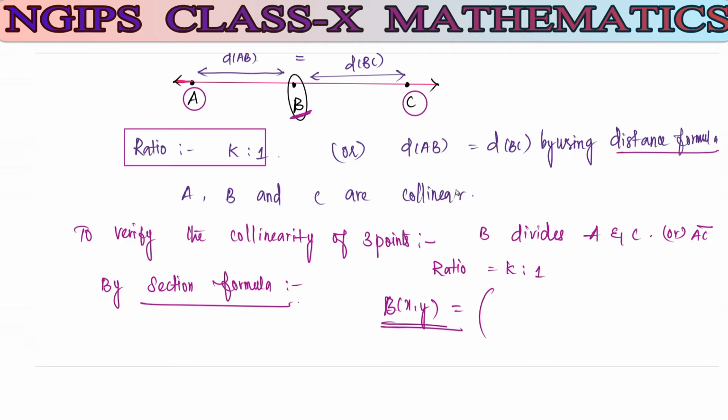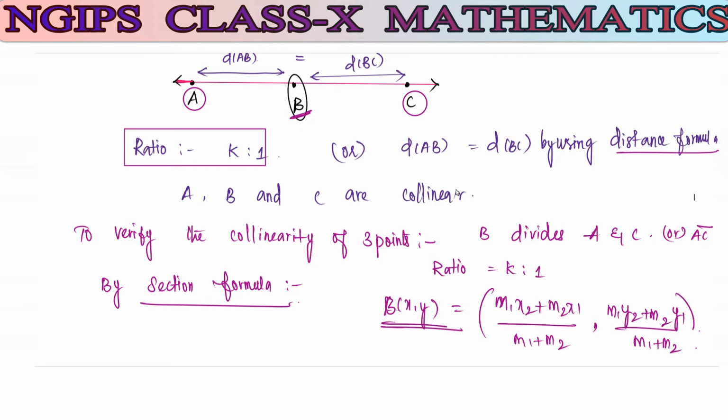So by using the section formula we find the point. The section formula is m1 x2 plus m2 x1 divided by m1 plus m2, and m1 y2 plus m2 y1 divided by m1 plus m2.